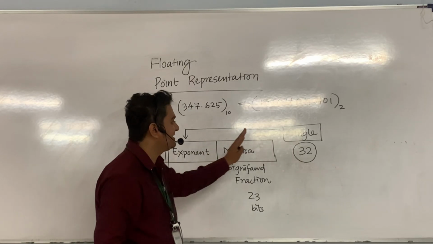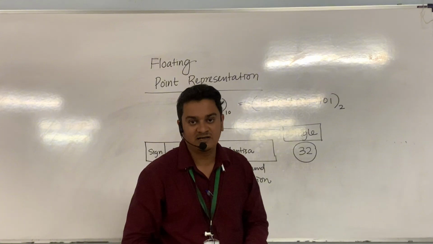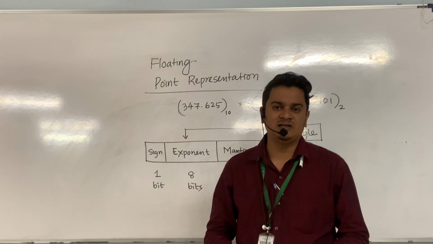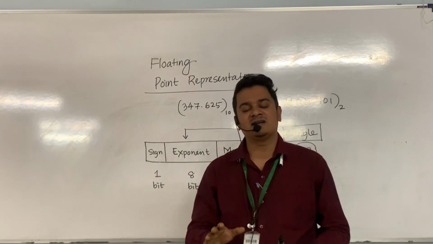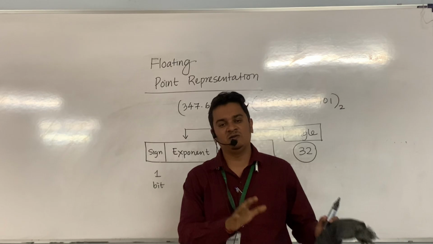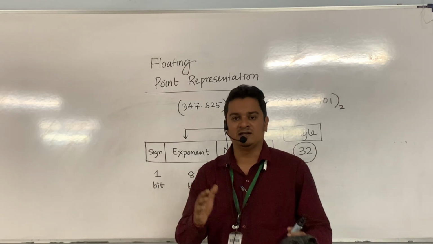So this is basically the single precision format which we are following. All these have been given by IEEE standards, and that IEEE standard is followed all over the world. It's not like one country will follow one format and another country will follow another format.